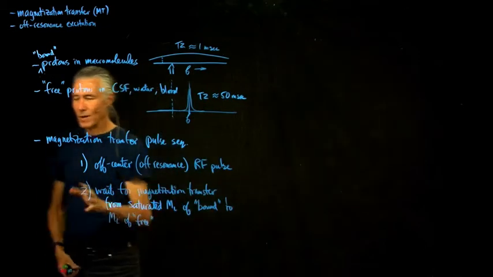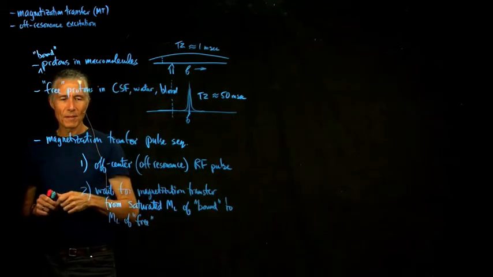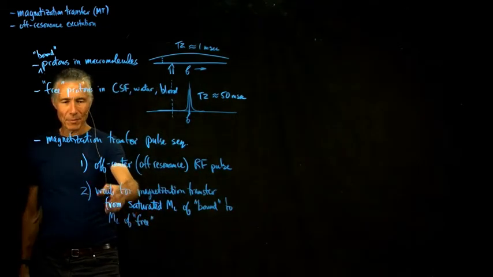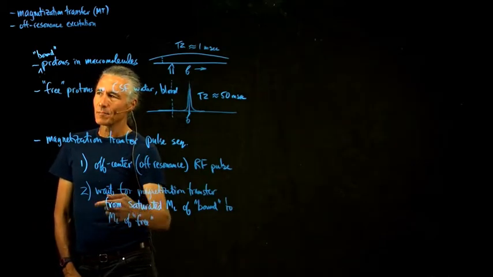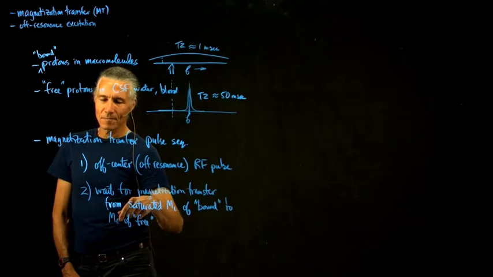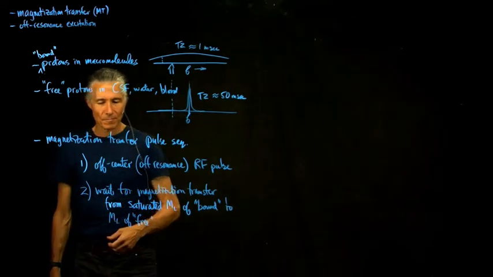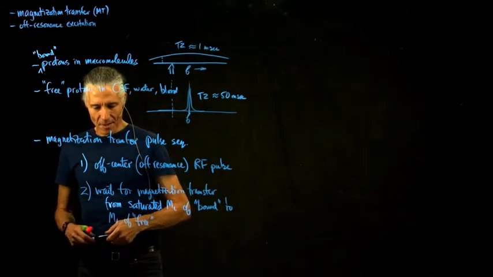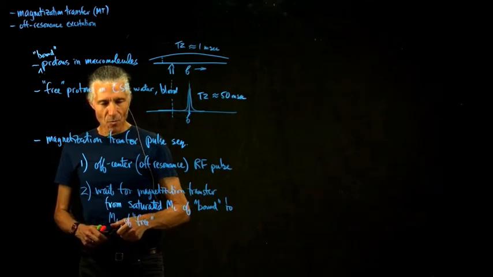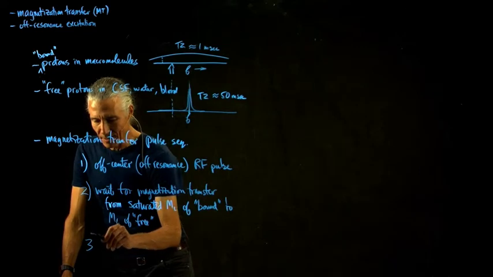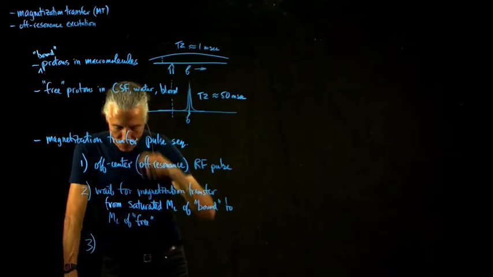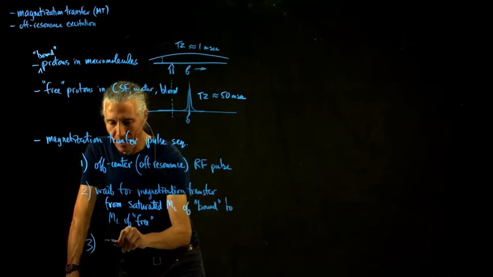We're not going to go into the quantum mechanics of this, but it has to do with the longitudinal magnetization, not the transverse magnetization. What that does is cause the free ones to be attenuated.